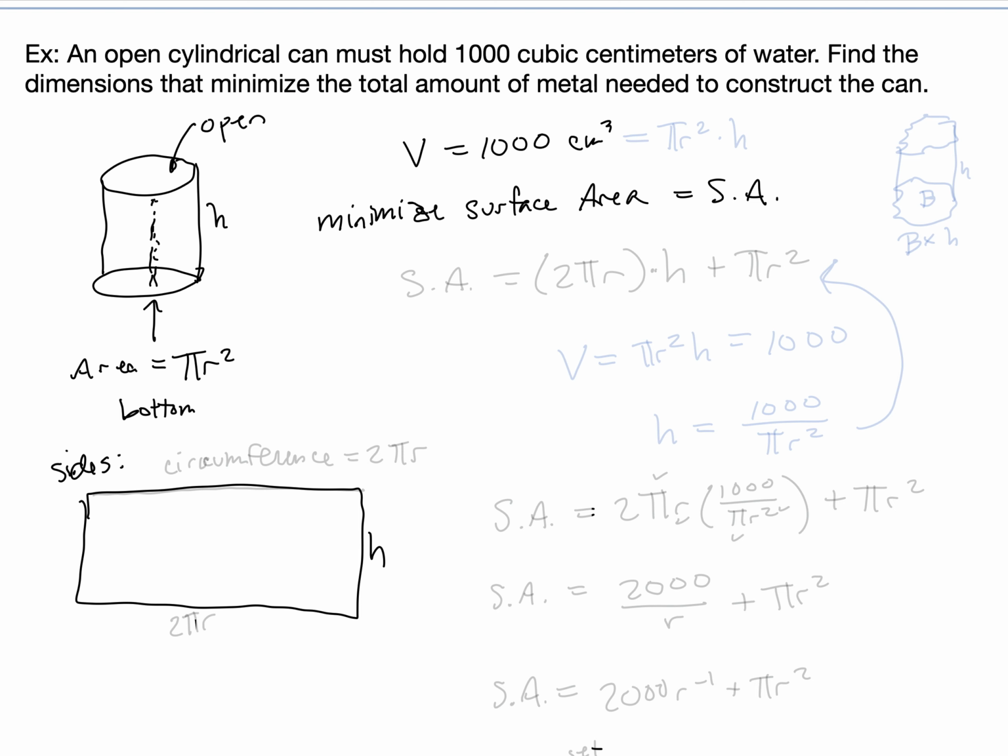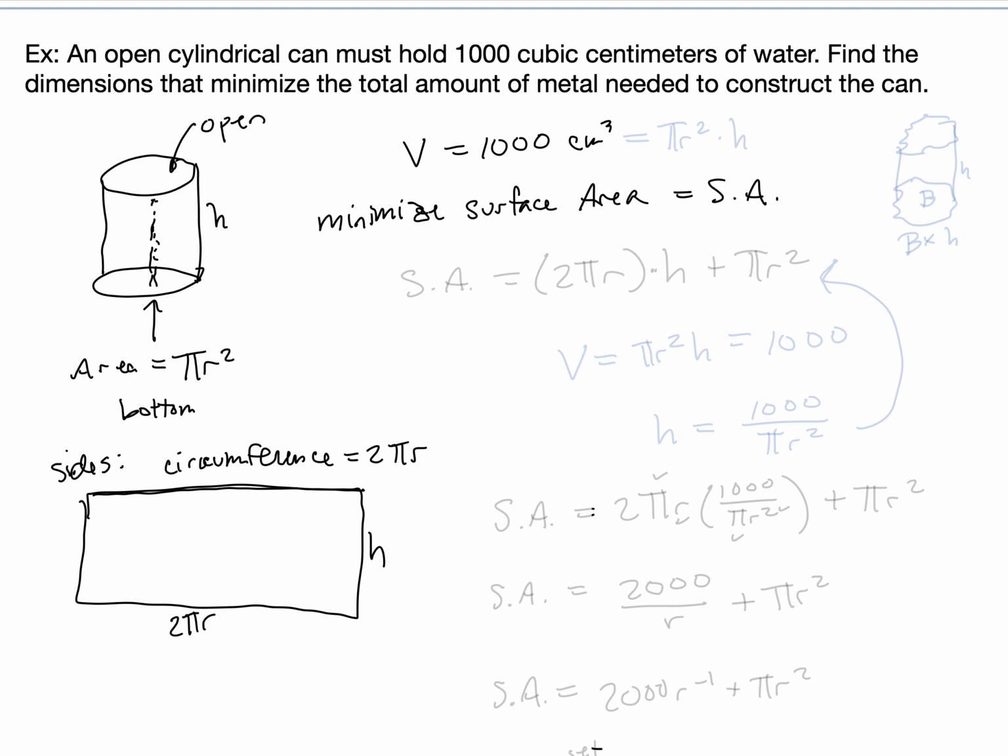What about the length along this way of this rectangle? Well, that's the circumference of this original cylinder. And remember that the circumference in terms of the radius is 2 pi r. So now this is a rectangle with 2 pi r as one of the side lengths and the height of the cylinder as the other side length.